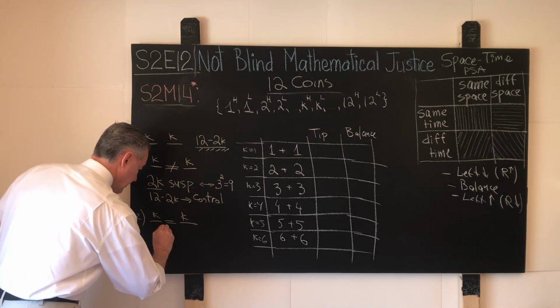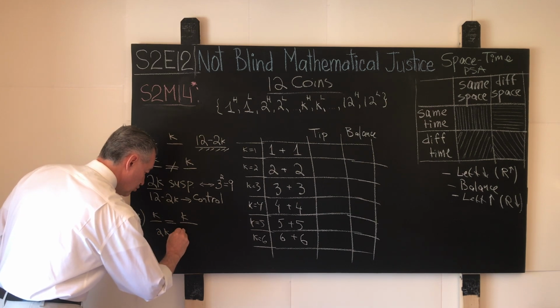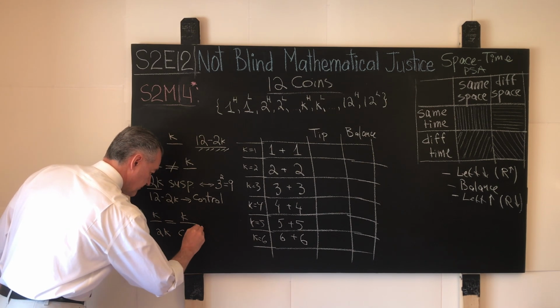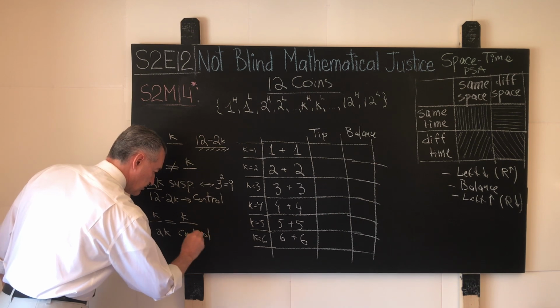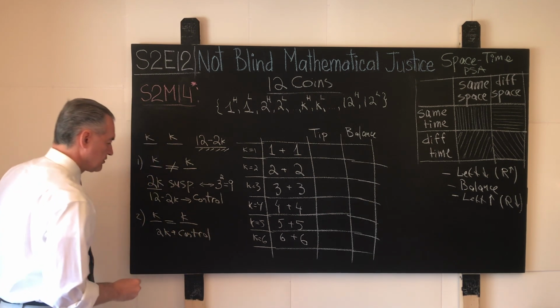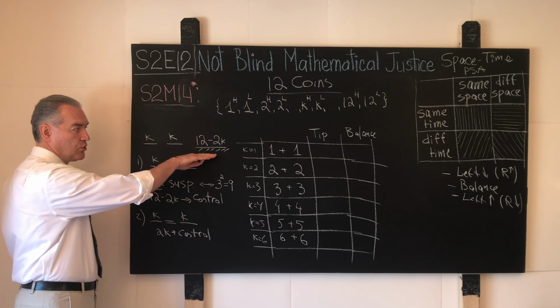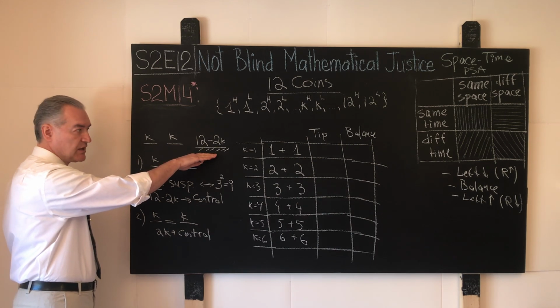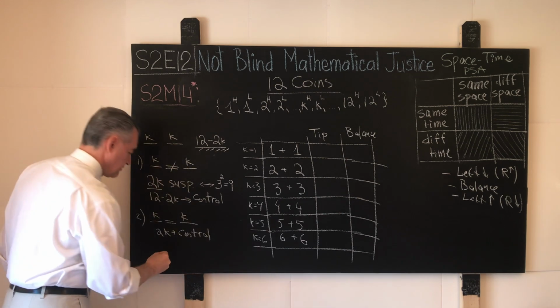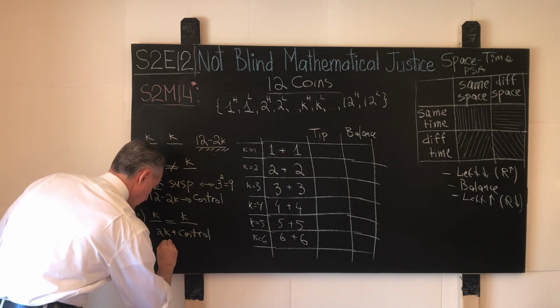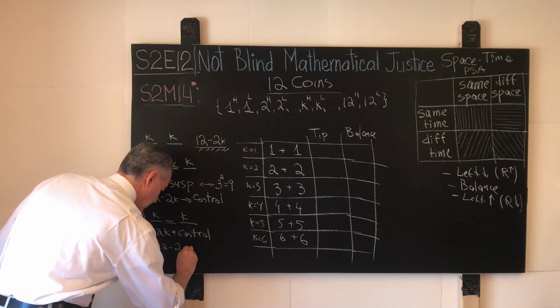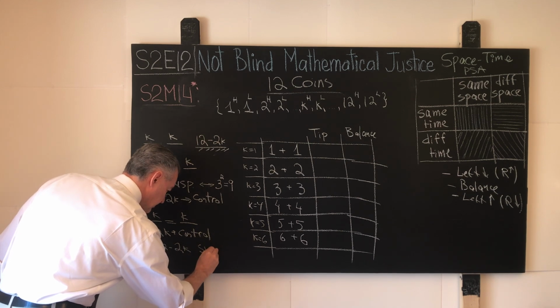It means that in this case we have access to 2k control coins. These guys are control coins. And what does it mean? It means that all 12 minus 2k coins that were sitting on the table are the suspects. We will write it down over here: 12 minus 2k are the suspects.